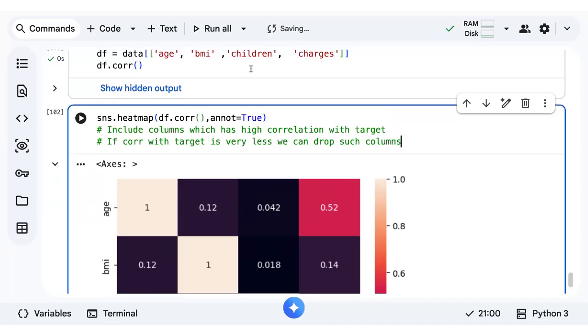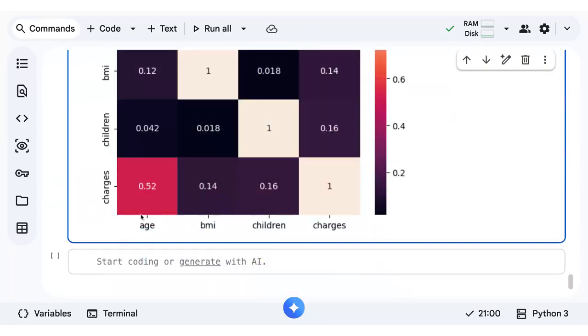So looking into this, age has high correlation, BMI 0.14, children 0.16. But anyhow, we have very little data, so obviously we have to include everything, no other option. But when you have so many columns, you can drop the columns which have very less correlation. Clear?